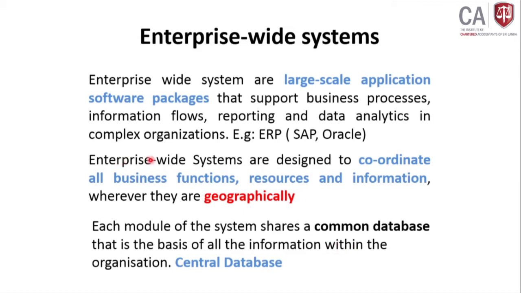ERP enterprise wide systems are designed to coordinate all business functions, resources and information wherever they are geographically. It doesn't matter wherever it is located, through the system it can be connected, and all the processing can be done remotely. So it coordinates all the business functions of the organization, and it has a common database, that is called the central database.